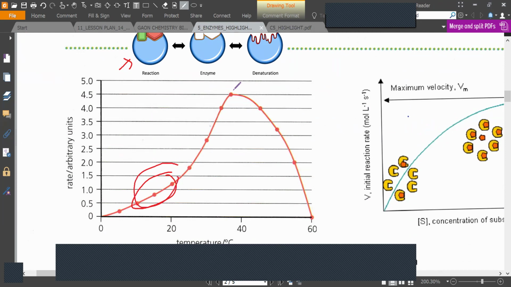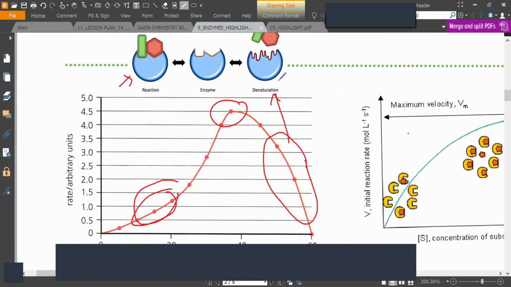At the optimum temperature, they can form lots of products because they have more energy. But when the temperature is too high, they denature, so the substrate cannot fit into the enzyme and the reaction cannot happen.